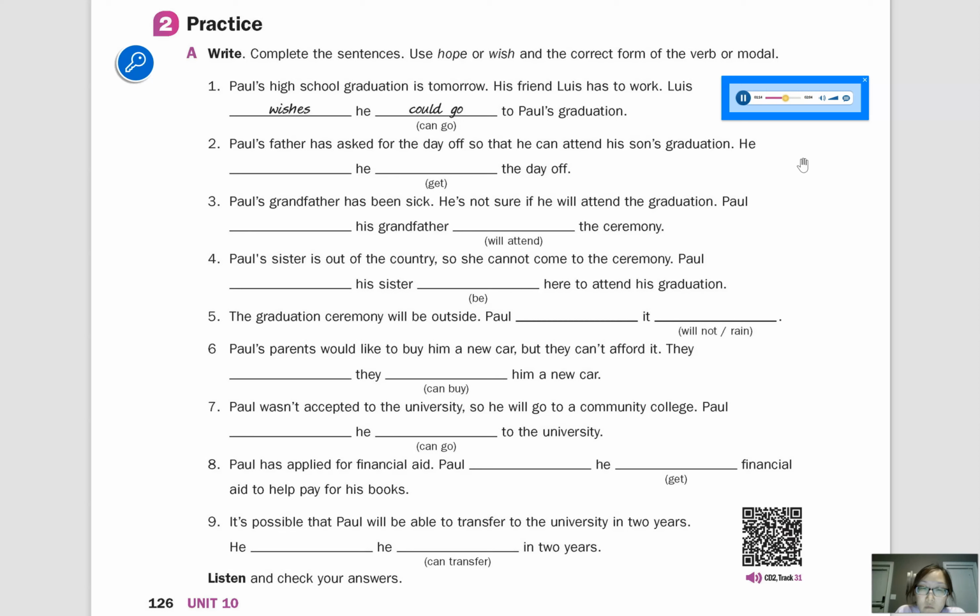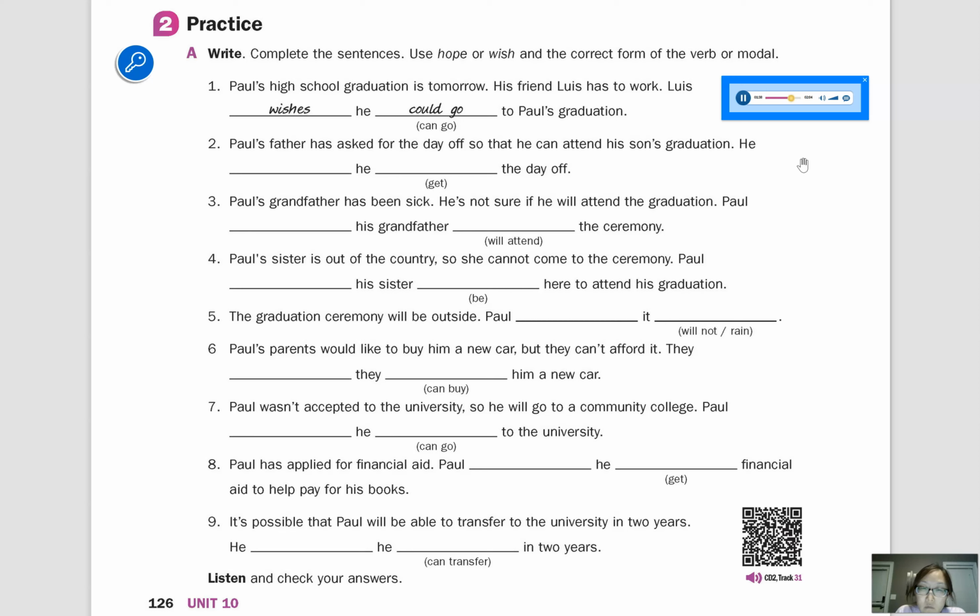Paul's parents would like to buy him a new car, but they can't afford it. They wish they could buy him a new car. 7. Paul wasn't accepted to the university, so he will go to a community college. Paul wishes he could go to the university.